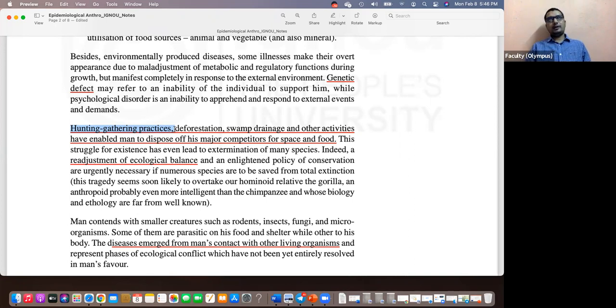As the human population started to grow, we had to find more place for carrying out agriculture so that we can grow food for us. So deforestation started for our stay and also for our food sources. So hunting and gathering practices, deforestation, and also swamp drainage, basically for performing various agricultural activities.